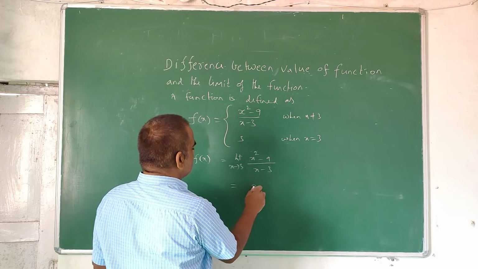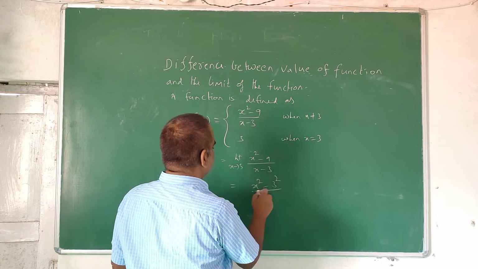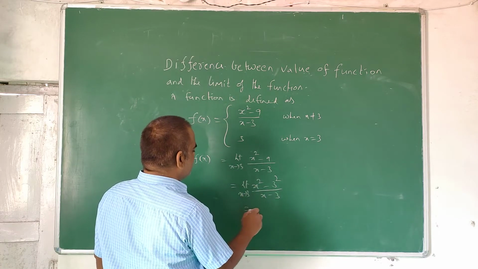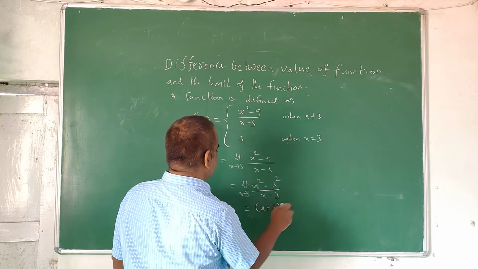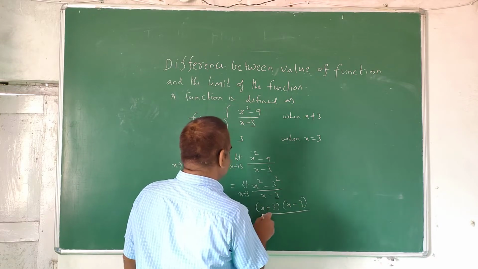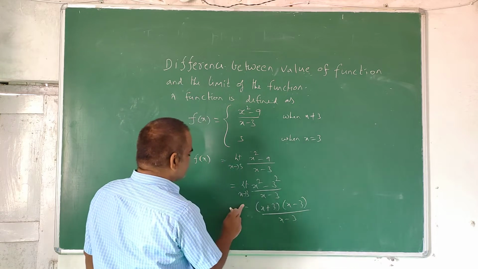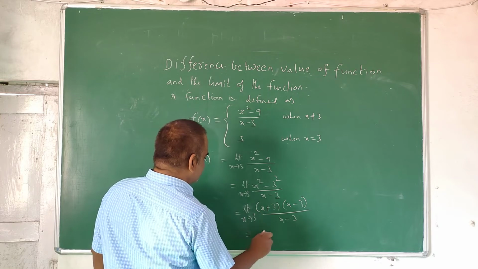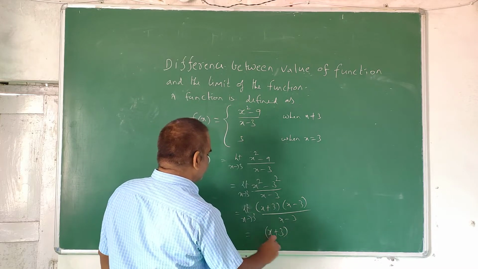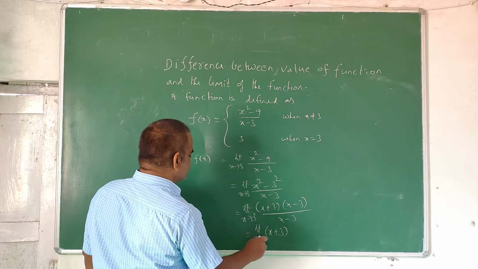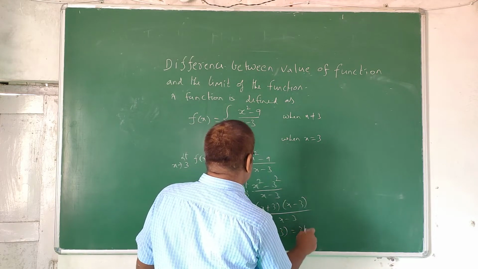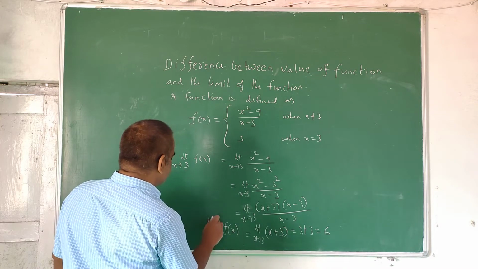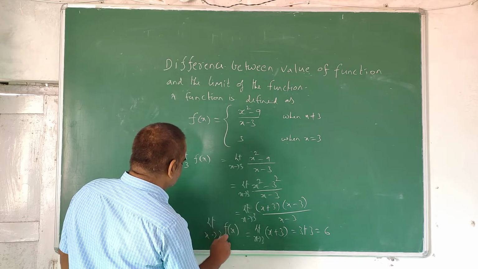So this is equal to x square minus 3 square by x minus 3, limit x tends to 3, which is equal to (x plus 3) into (x minus 3) by (x minus 3), limit x tends to 3. So this x minus 3 gets cancelled, x plus 3, limit x tends to 3, which is equal to 3 plus 3, which is 6. So here you got the limit of f of x as x tends to 3 as 6.